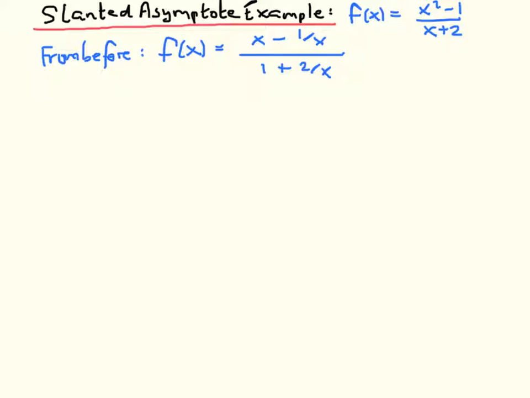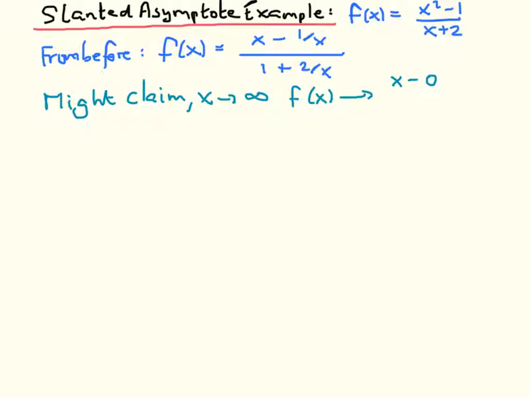The dangerous step is if we now say the following. So we might claim that as x approaches infinity, f of x is going to approach x minus naught over 1 plus naught, so it's going to approach x.